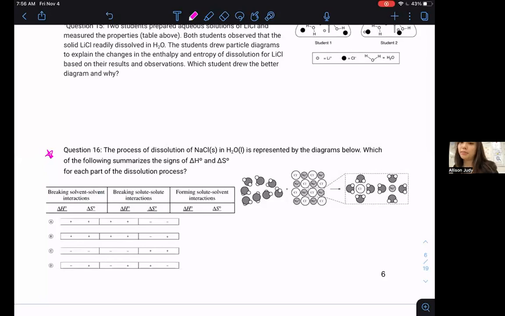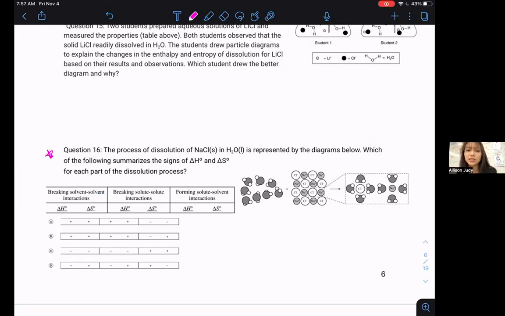Often what you see is the AP will repeat formats of questions and just change the variables or the specific species or context that you're looking at, but the type of question is very similar. So you'll probably notice that in your AP Classroom quizzes. This is question 16 on page 6: the process of dissolution or dissociation of a salt in water is represented by the diagram below.